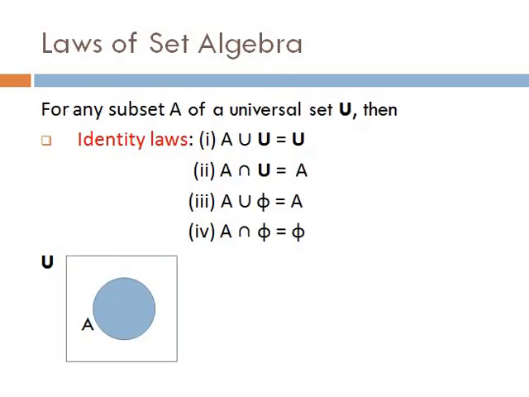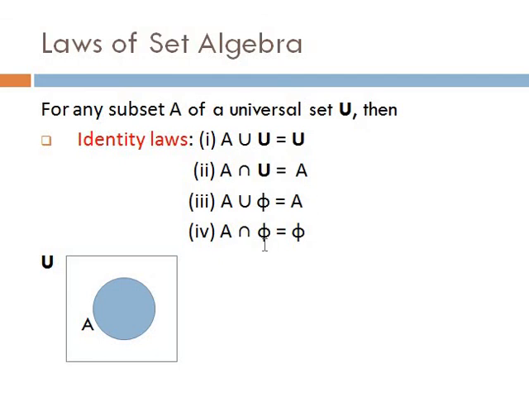For any subset of a universal set U, these are the identity laws. A union U, the universal set, is always the universal set. A intersection U is always the set A. A union phi, where phi is the set having no element, so union with that set always gives the A set.